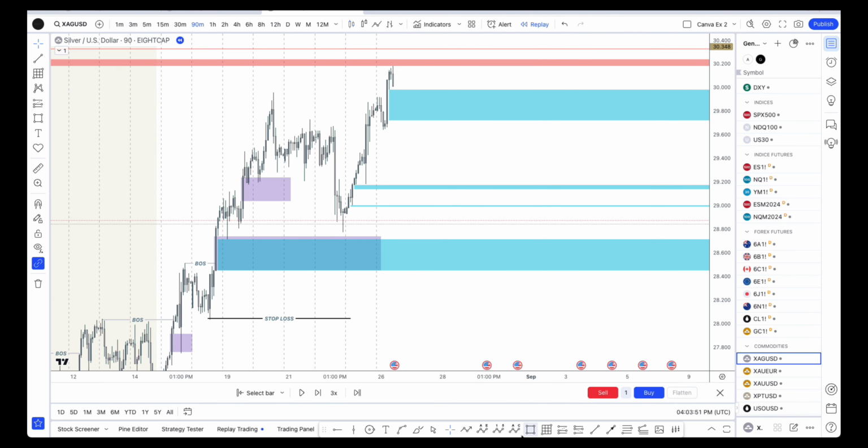Nice. So thankfully it did not tap into it, and since I see that it's respecting it, I'm going to move my stop loss. You know what, I'm going to be more aggressive now, even though I don't recommend it, but I'm going to be more aggressive just for this example. Price respected this order block. I'm going to use this one.